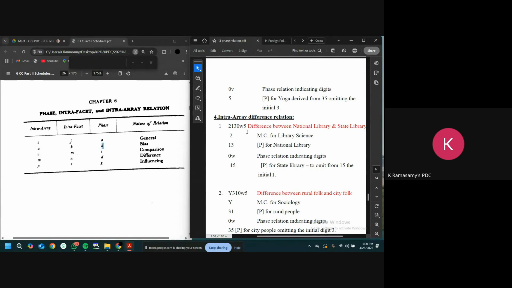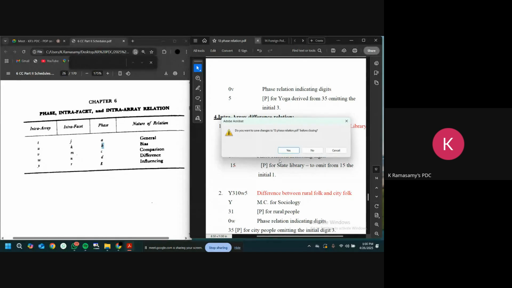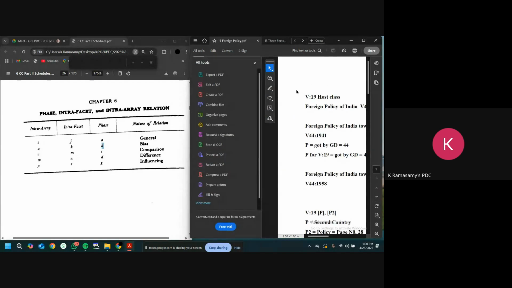You need not write 15. You can simply remove the common numbers and write only 5 here. So this is the first phase, this is a connecting symbol, and this is the relation symbol, and this is the second phase. Is it fine? That is about phase relation. I think I'm clear with the phase relation.